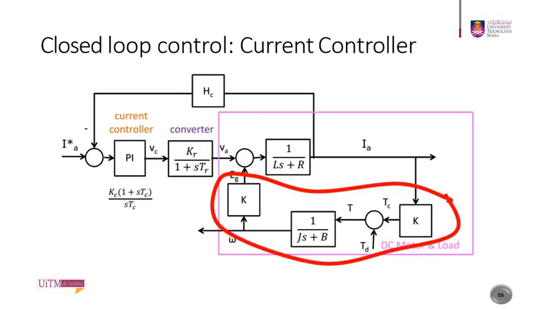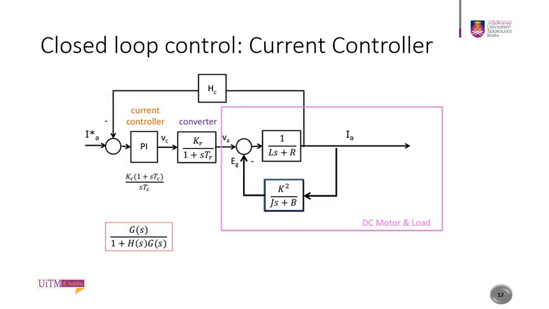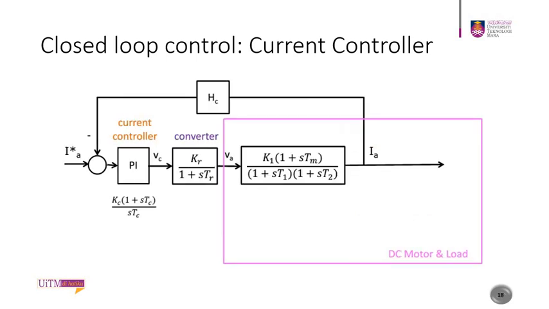So this can be further compressed into this, and you can see that we have managed to get IA as our output. And it can be further compressed. So you have this DC motor load shown in this gain.